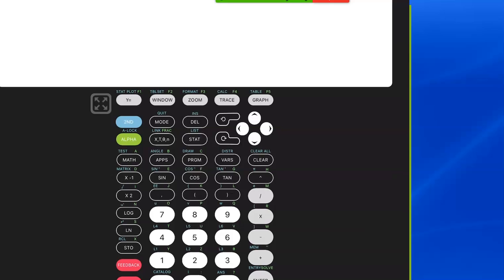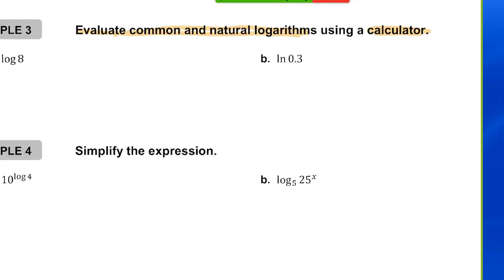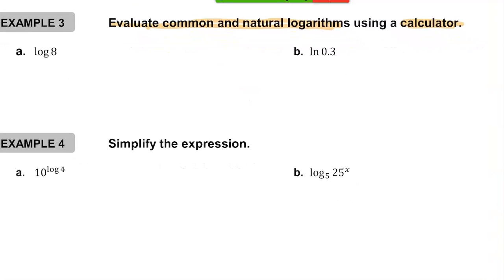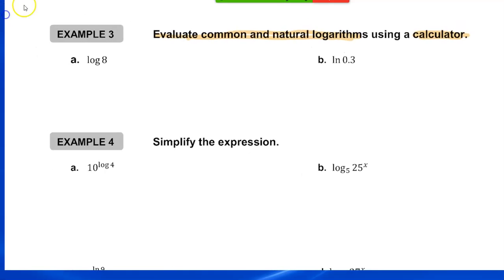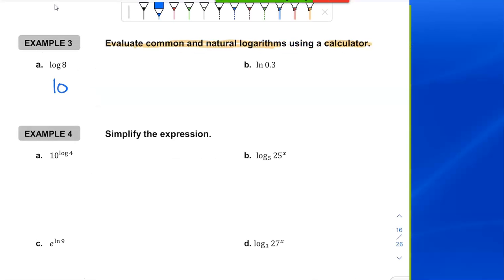So example 3 wanted us to find the log of 8. So you'd type in log 8 and enter. And you should get 0.903089987. Let's round to the 3rd decimal place today.